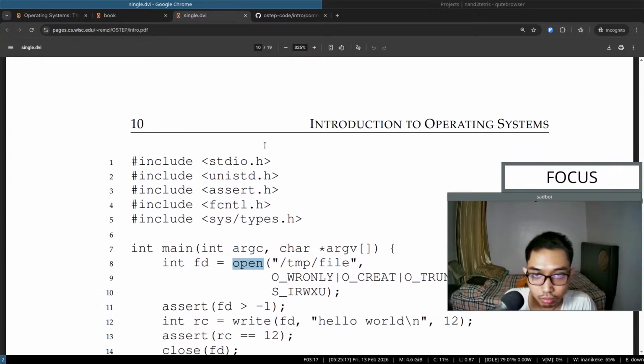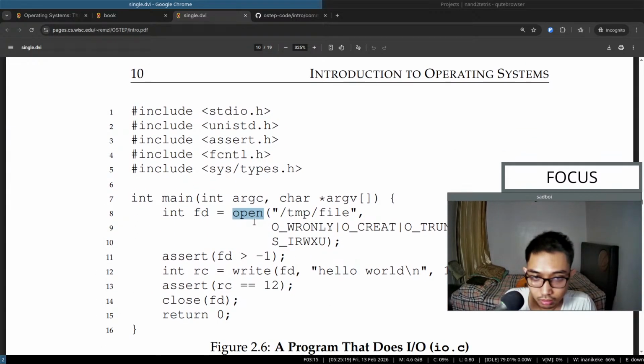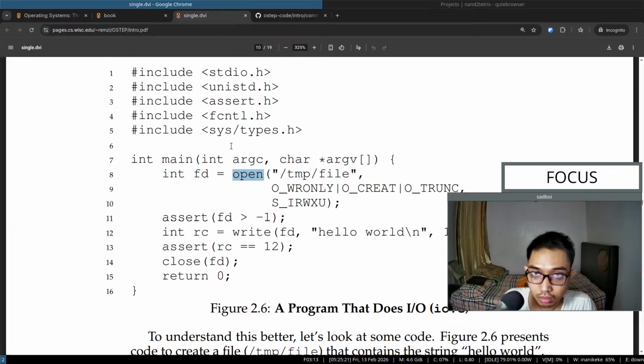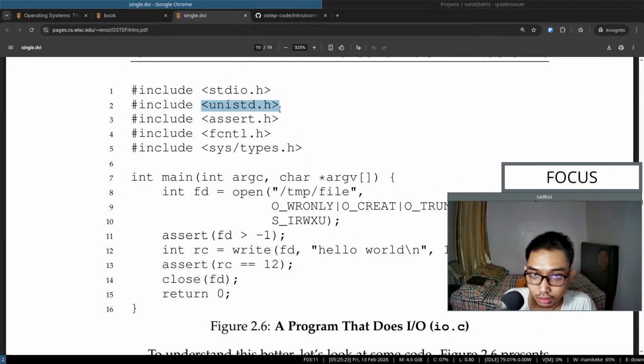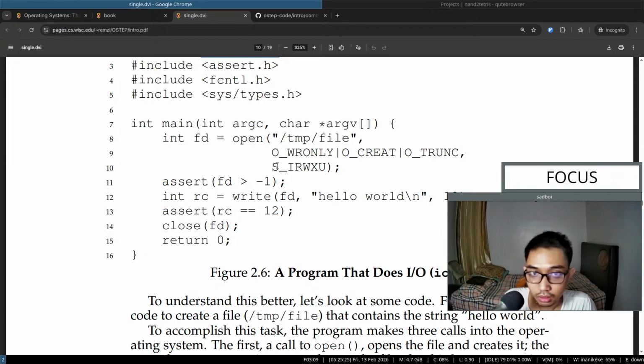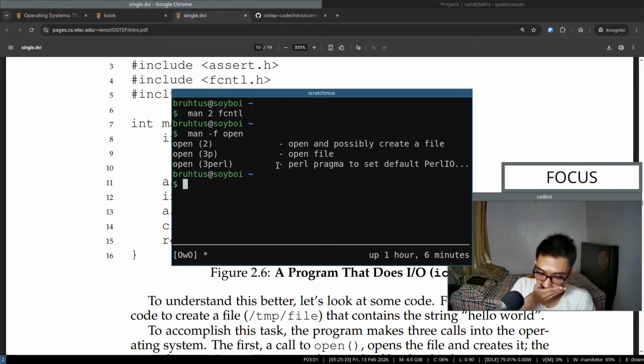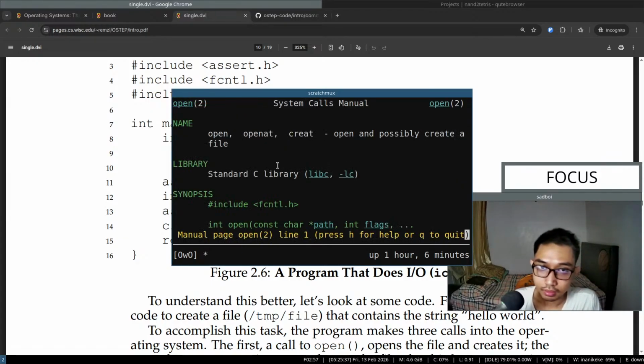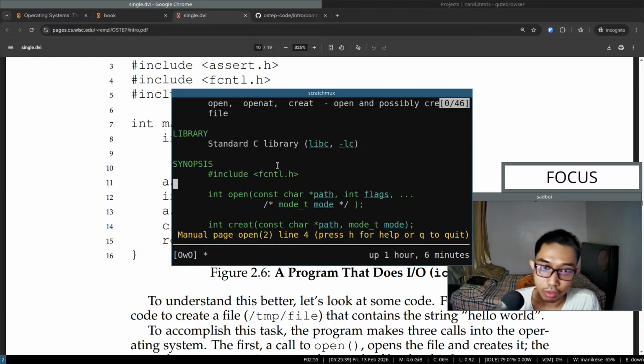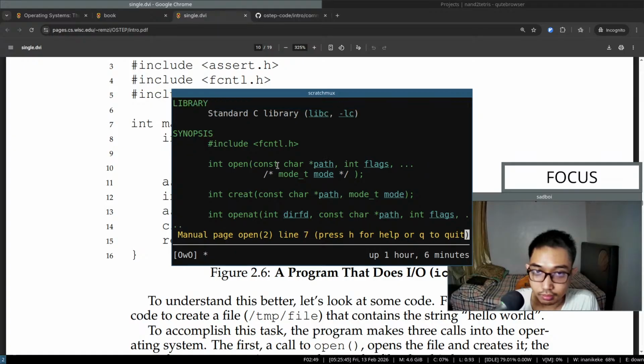We use open. Is open in this header? Let me check. Oh, it is in the fcntl header. Okay.